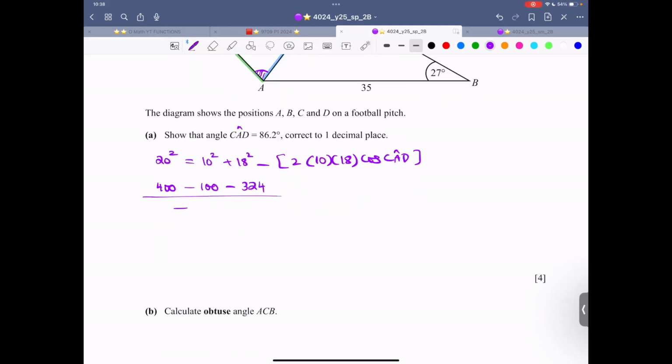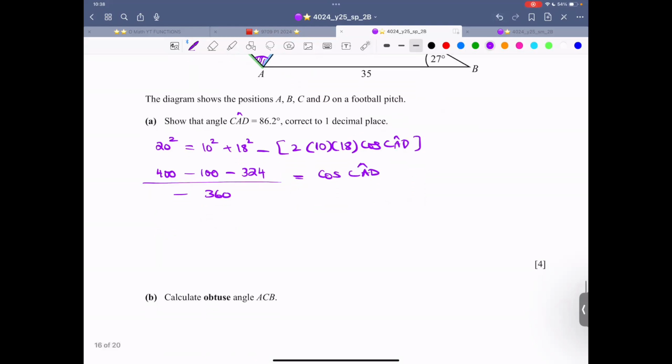Divided by negative 2 into 18, 36, negative 360. That is cosine of CAD. Now, 400 minus 100, 300. 300 minus 324 is negative 24, negative 360 is cosine of CAD. The negative cancels out, and then you get CAD as cosine inverse of 24 divided by 360.